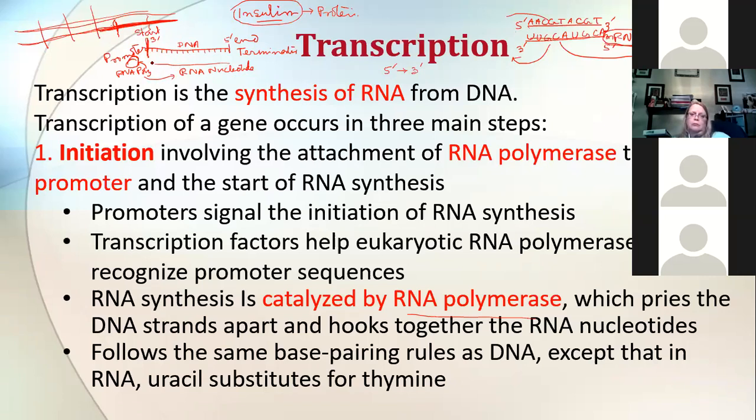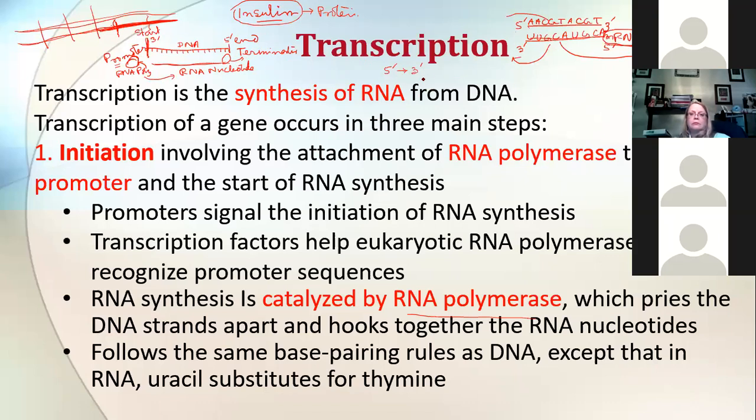Okay, and it starts working from the promoter region, and then ultimately when RNA polymerase reaches the terminator region, it stops reading the DNA sequence, or you can say it stops transcribing the DNA. So that's the whole scenario for transcription.